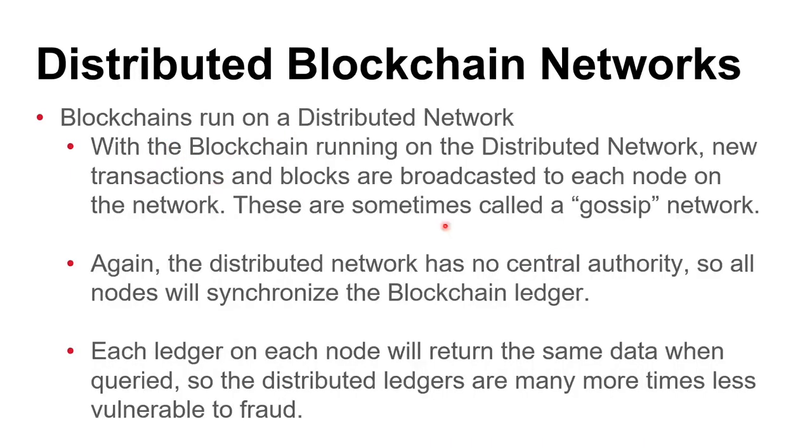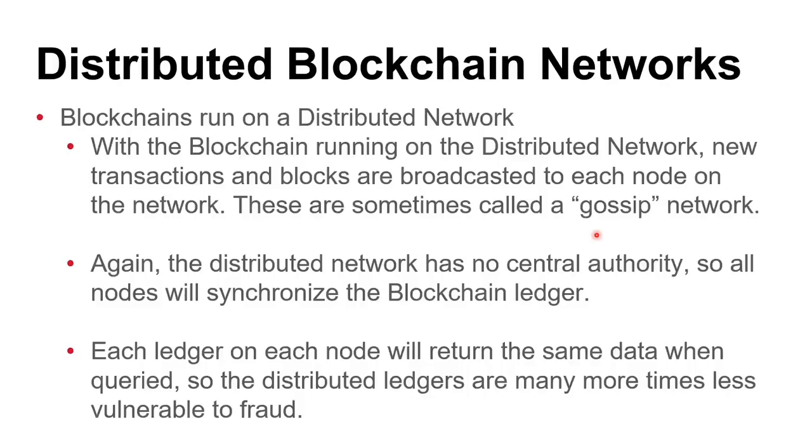With the blockchain running on the distributed network, the new transactions and blocks are broadcast across the network using something called a gossip protocol. Essentially, the messages just move from one node to another, or to several others. And with no central authority, all the nodes will have to synchronize the ledger.